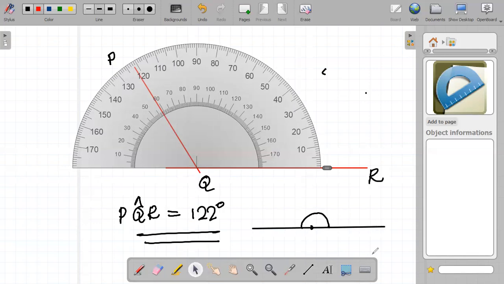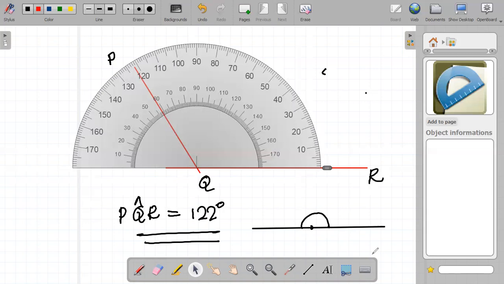Oh, no. It's 180, because X is starting from 0, right? X is placed on the 0 and the other arm is placed at 180. Definitely two arms, right? One of the two arms must be placed on the 0 and the other arm gives the answer, right, Shinal? Yes, sir. Then the XYZ angle is equal to 180 degrees.